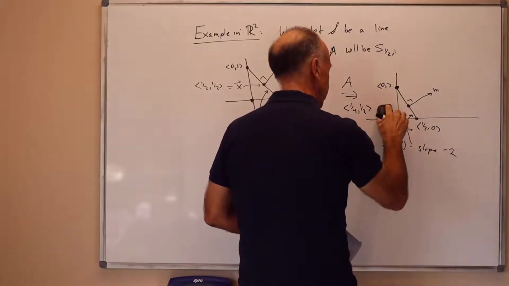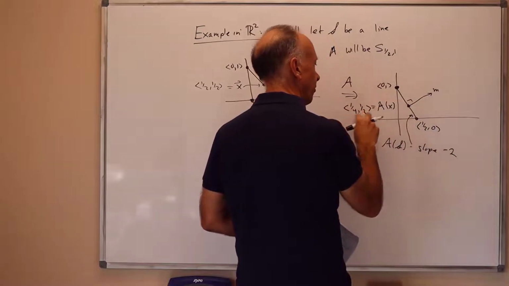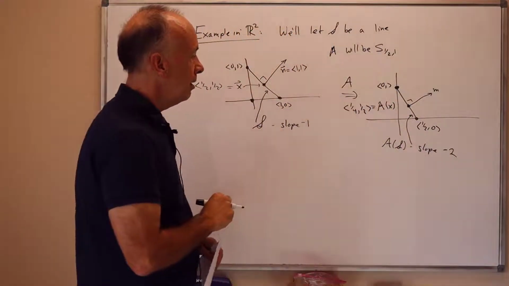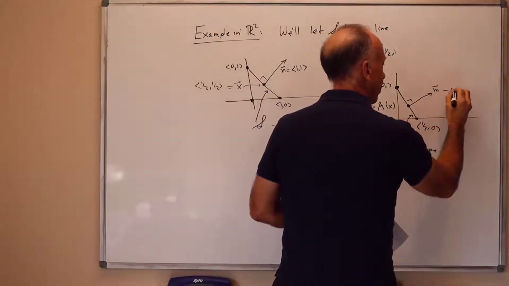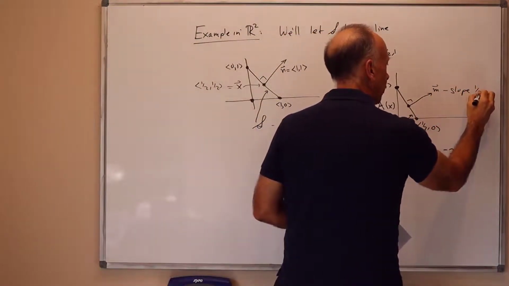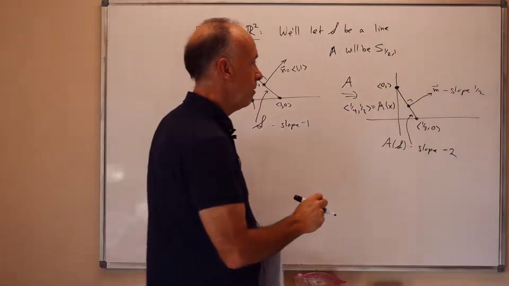If we take a normal vector, which I'll call M, to A of S, and let me fix this earlier typo here. A of X was the point (1/4, 1/2). So if we take normal vector M, this should have slope 1/2, because that's at right angles to a line of slope -2.